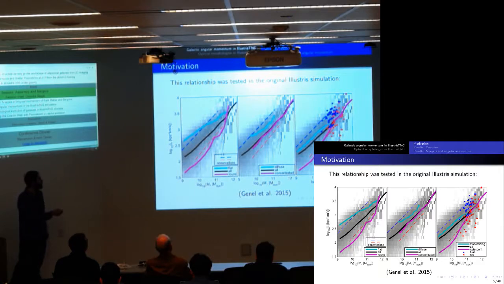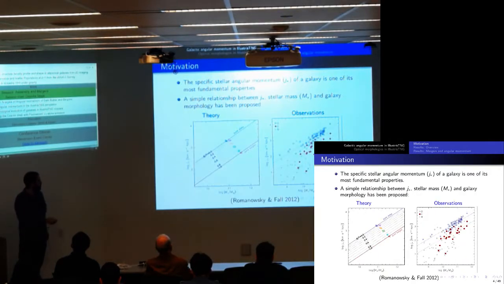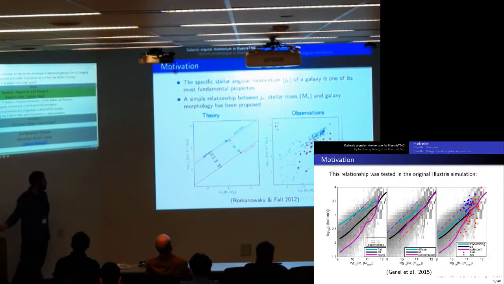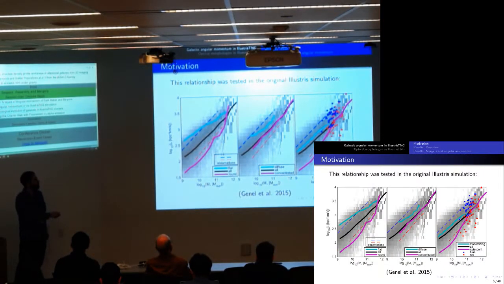Here, the dashed blue and red lines are essentially the observations from the previous plot, and the black is the overall Illustris relationship. The other two lines are what you get if you separate galaxies by different properties, which are shown in the bottom panels. So there was rough agreement, although if you notice very closely, the trend in the simulation is somewhat shallower than in reality.